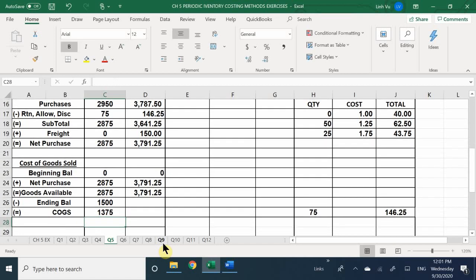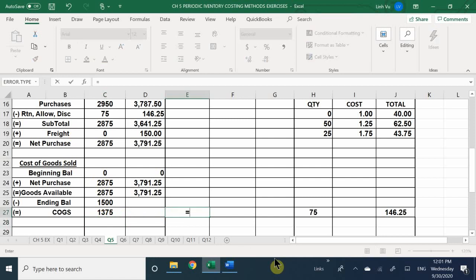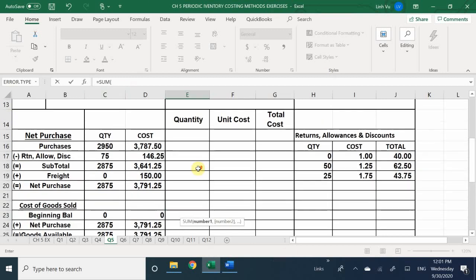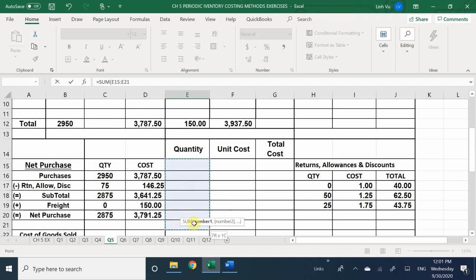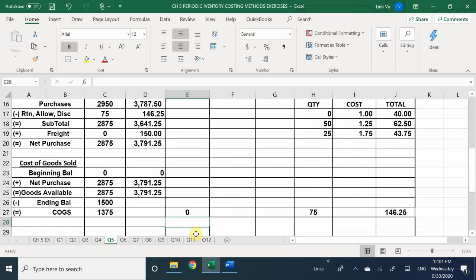I'm going to subtract out my ending balance to get me a grand total of 1,375. I'm going to apply my formula. All right. So I can get a grand total of the items I have sold.